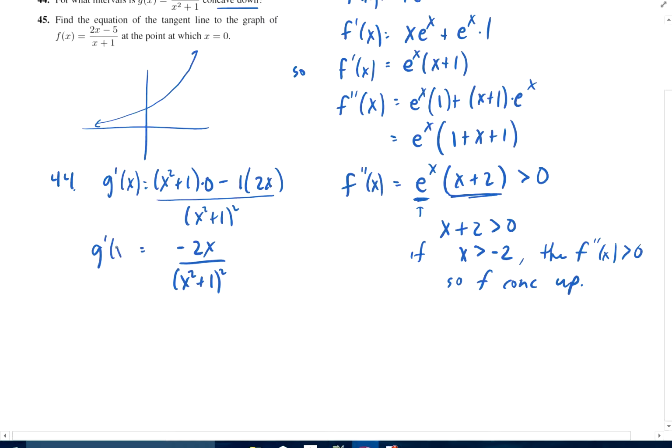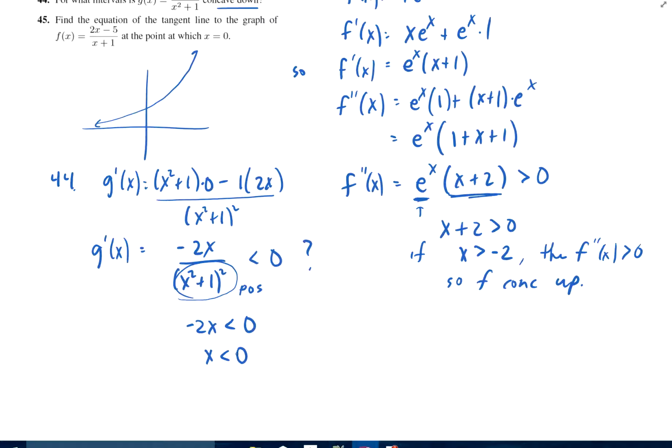And I'm trying to find where it's concave down, so where is this negative? That's my question there. Well, the denominator is always positive. So I just want to know, for what values is negative 2x negative, right? Because if the numerator is negative, then the quotient's negative. So whenever x is less than 0. Does that make sense here?